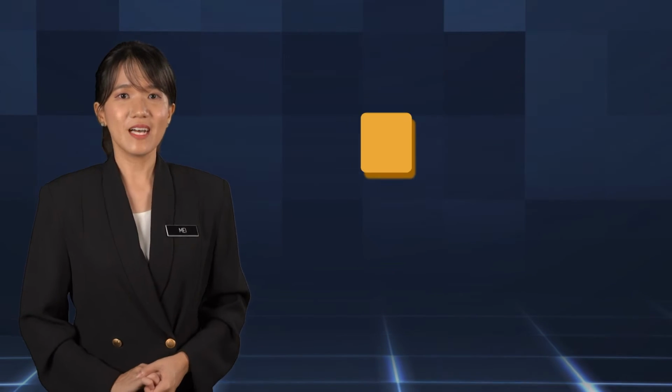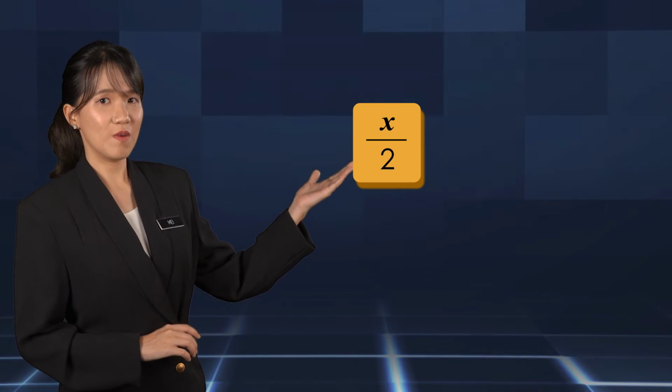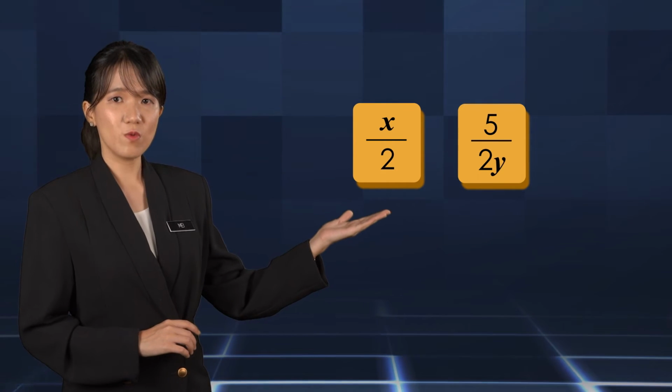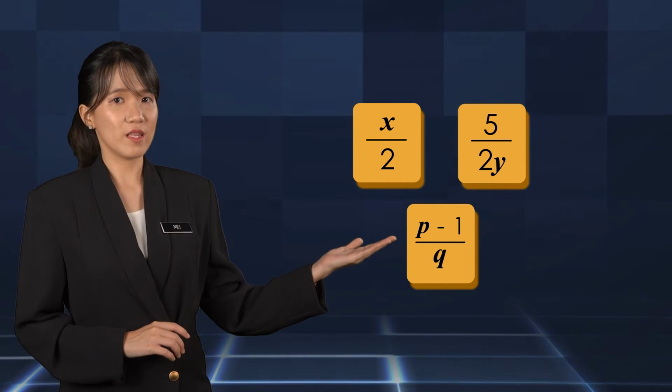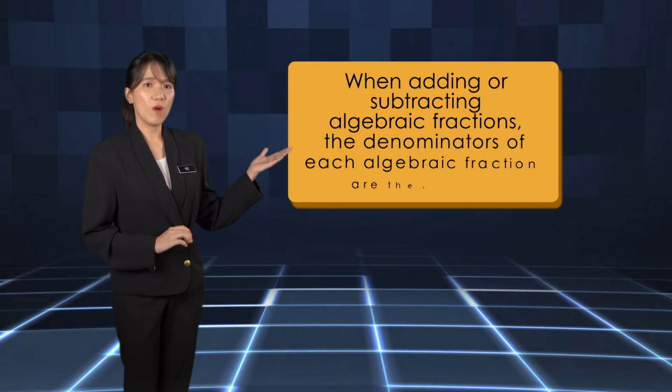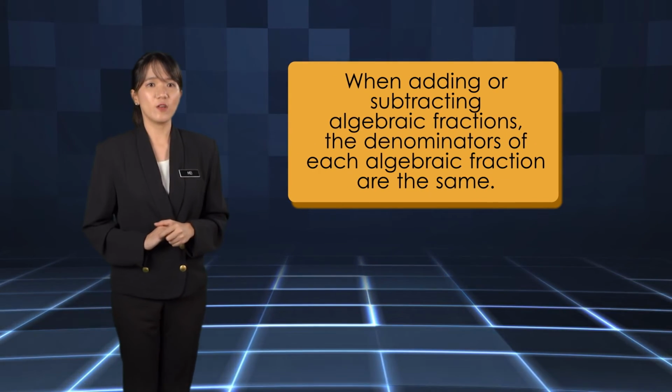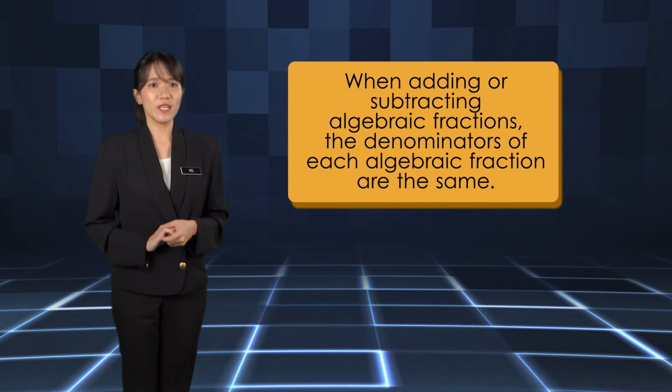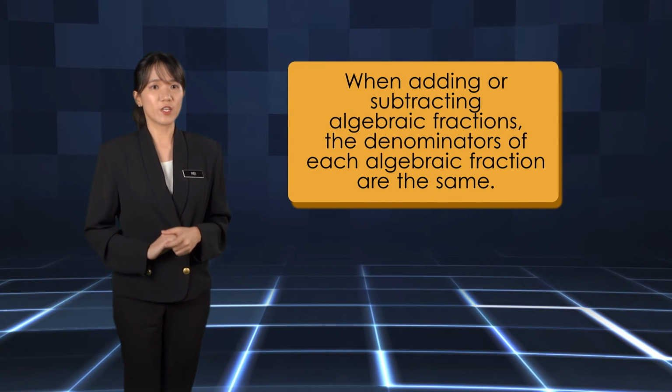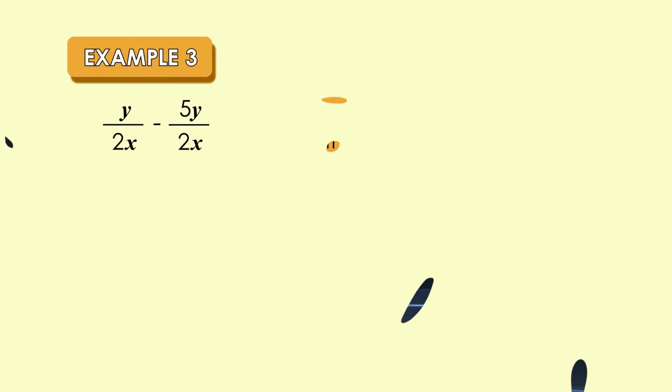For example, x over 2, 5 over 2y, (p − 1) over q. For an operation involving algebraic fractions, we must ensure that when adding or subtracting algebraic fractions, the denominators of each algebraic fraction are the same.